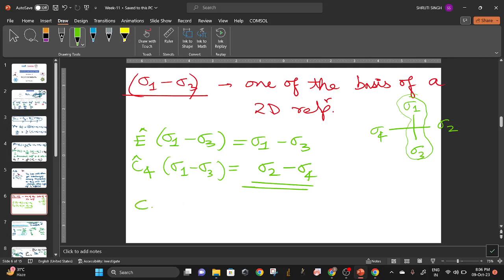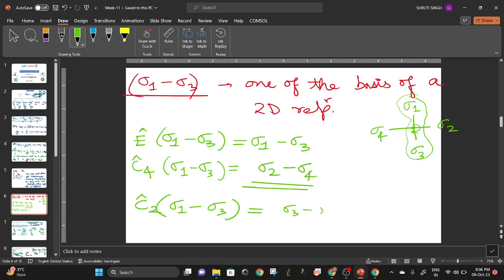So when you apply the next operation, which is C2, under C2, in place of sigma 1, sigma 3 will go, and in place of sigma 3, sigma 1 will come, by 180 degrees.